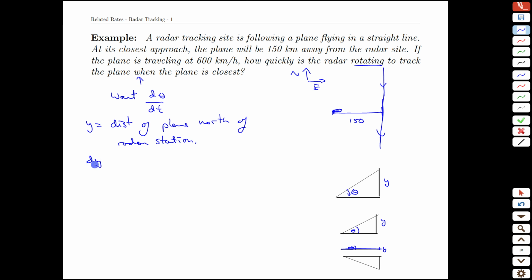And what that's going to give us is dy dt is negative 600 kilometers per hour. This quantity here is getting smaller and smaller until it reaches 0 and then goes negative if we're talking about distance north of the radar station. So we have one rate, we want the other rate.